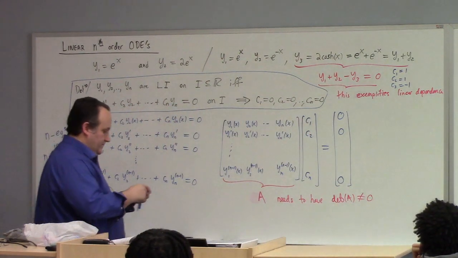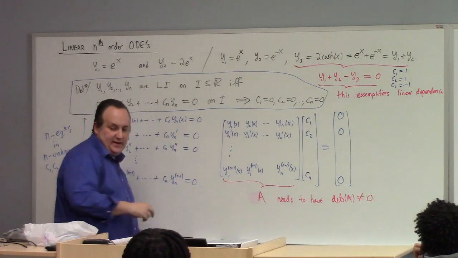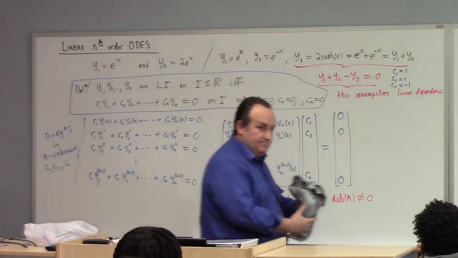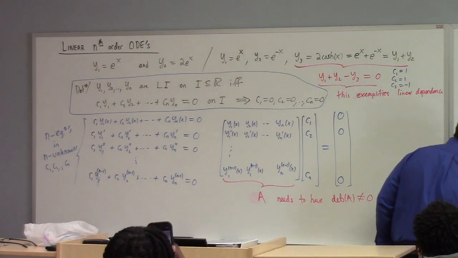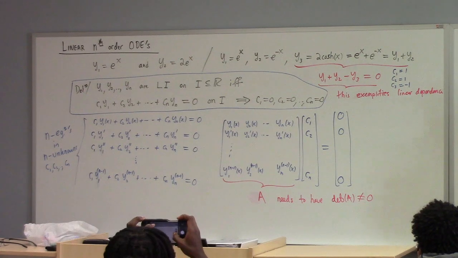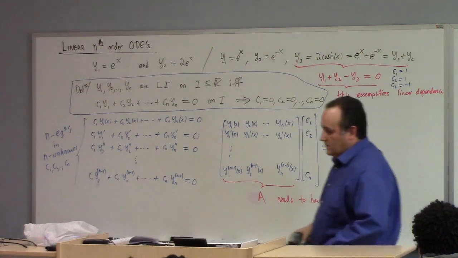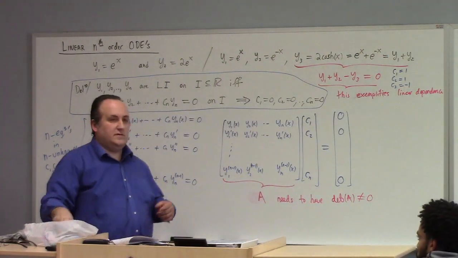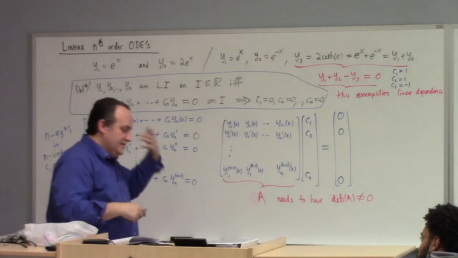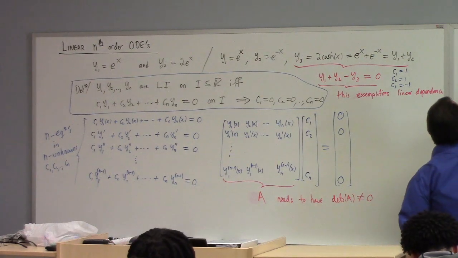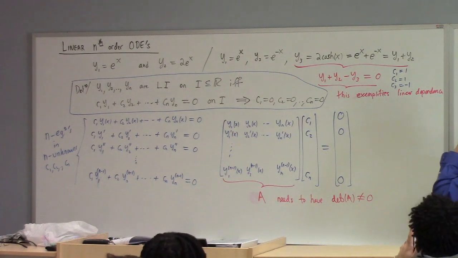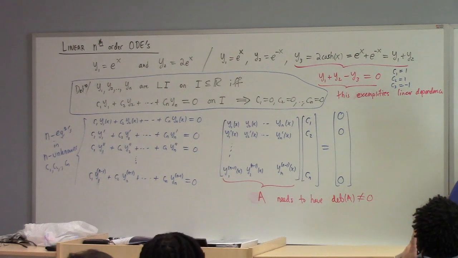For this reason, we define the so-called Wronskian of n functions. The Wronskian of n functions is simply the determinant of the matrix that I just found. And the theorem that this calculation shows you is that if you have n linearly independent functions, then the Wronskian of those n functions must be non-zero.